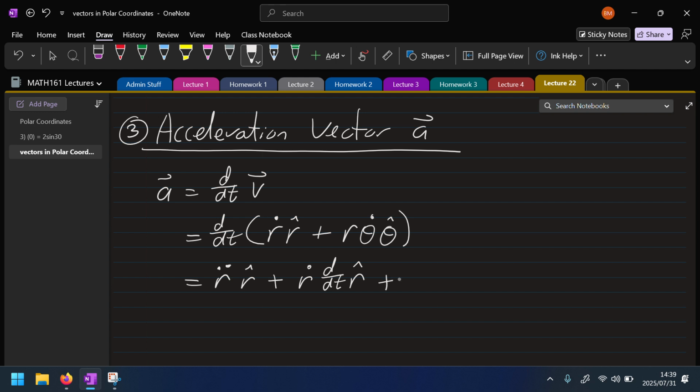Plus, now we've got three things, so we need to do the derivative of each one. So the first one, that will be r dot. Then the next one, that will be theta double dot. And finally, the last one, d by dt of theta hat. Again, everything there depends on time.